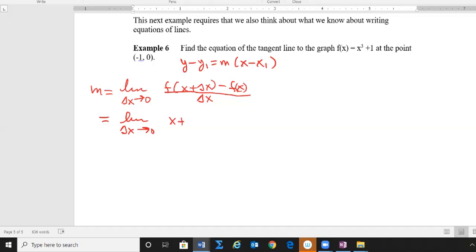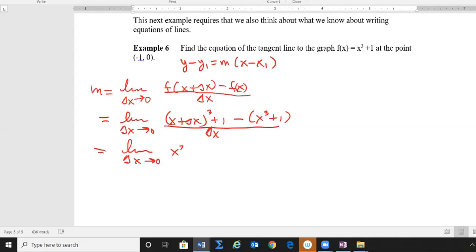This would be x plus delta x raised to the third power plus a 1 minus x to the third plus a 1 over that delta x. So this is going to be a little bit of work for you, but you get through it.